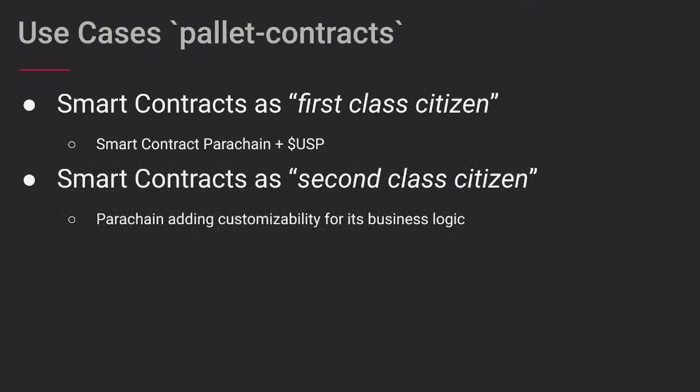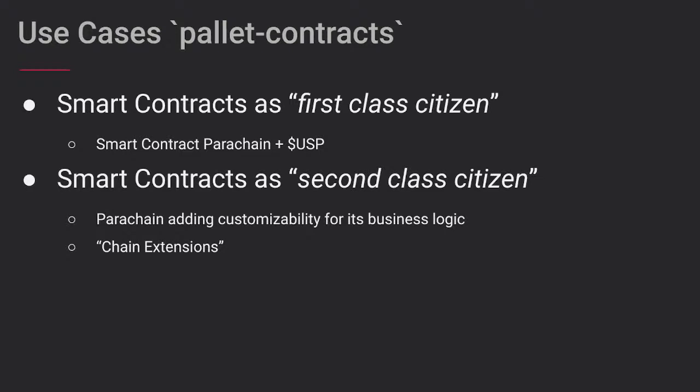You can also treat smart contracts as second-class citizens, meaning you can think about a parachain with some pallet in which you implement business logic, like a decentralized exchange, and then you want to add some programmability for your users.